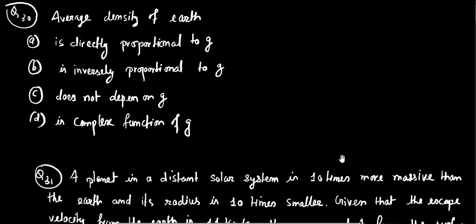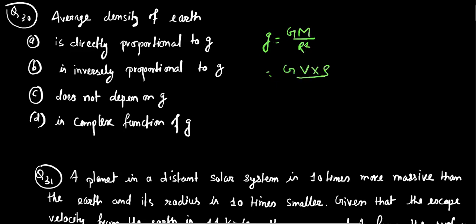The average density of Earth is directly proportional to g, is inversely proportional to g, does not depend upon g, or is a complex function of g. Well, so let us write the expression for g in terms of density. As we know that mass is the product of volume into density, and this is R square g.